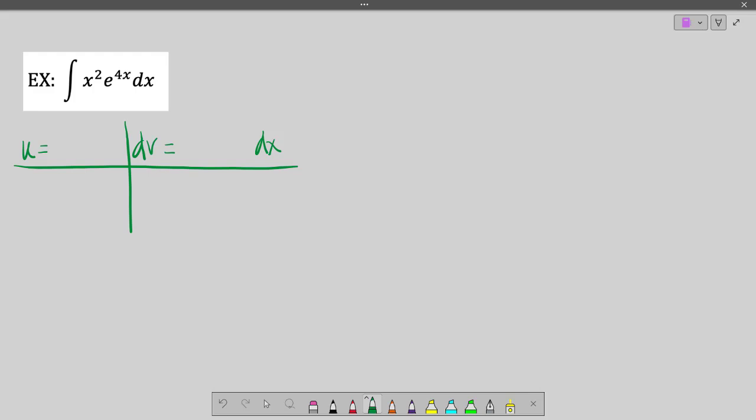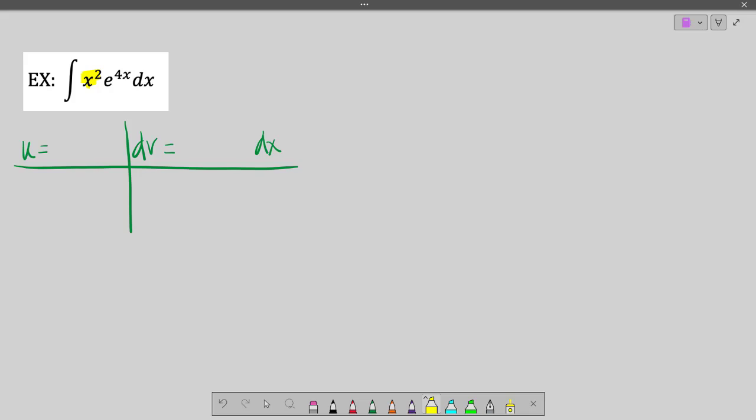And the rule of thumb here, let me make a general comment. If you put the x squared with the dv, isn't the power of x going to grow? Right, the power of x is going to grow. And if you put the e to the 4x over here, it's just going to stay e to the 4x, essentially a multiple of e to the 4x. Generally, we say pick the biggest thing that you can easily integrate, or the most complex thing.